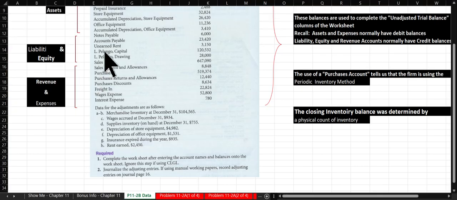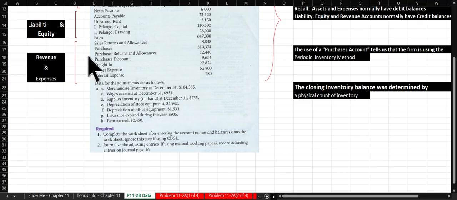We then have our liabilities and equity, as I said, and then we go to our last two categories, which are the revenue and the expenses. And notice that in the revenue, we have sales and sales returns, which would be a contra revenue.